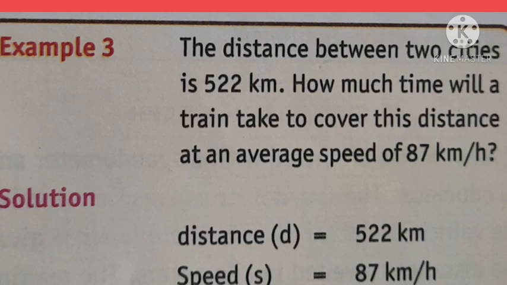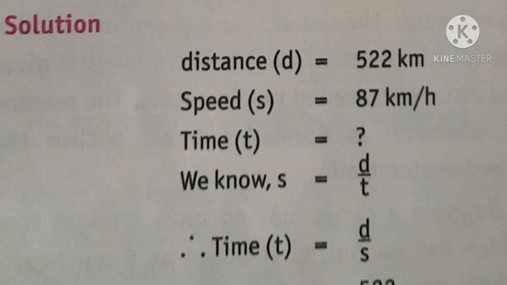Next example: the distance between two cities is 522 km. How much time will a train take to cover this distance at an average speed of 87 km per hour? Solution: given distance d equals 522 km, speed is 87 km per hour, and we have to find the time. We know that s equals d by t, so time equals d by s.